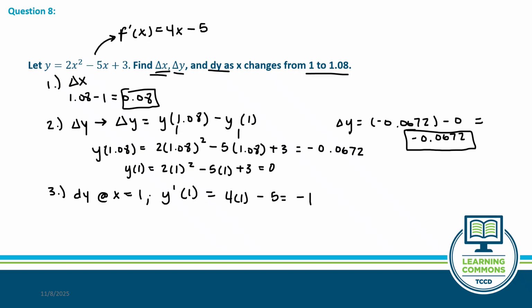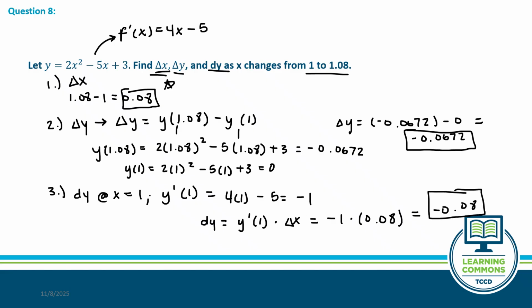And then dy is y prime of 1 times the change in x, which you found up here. So negative 1 times 0.08 is going to give you negative 0.08. So this is dy, this is change of y, and that's change of x.